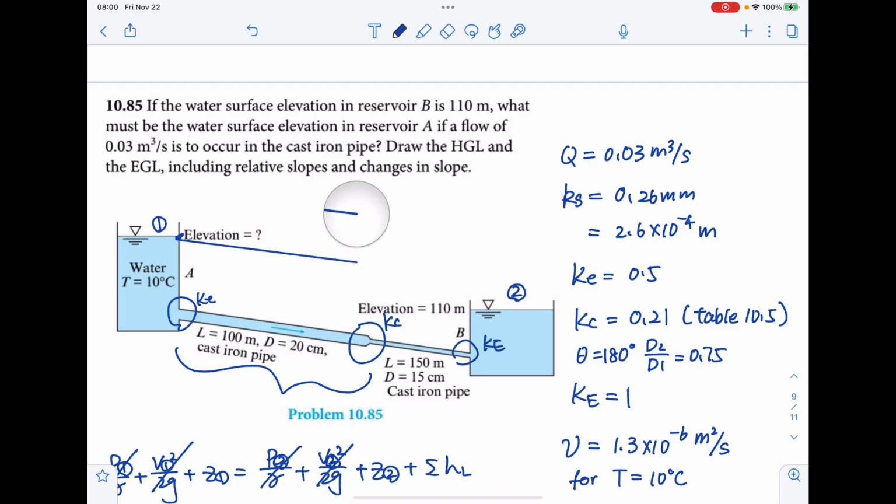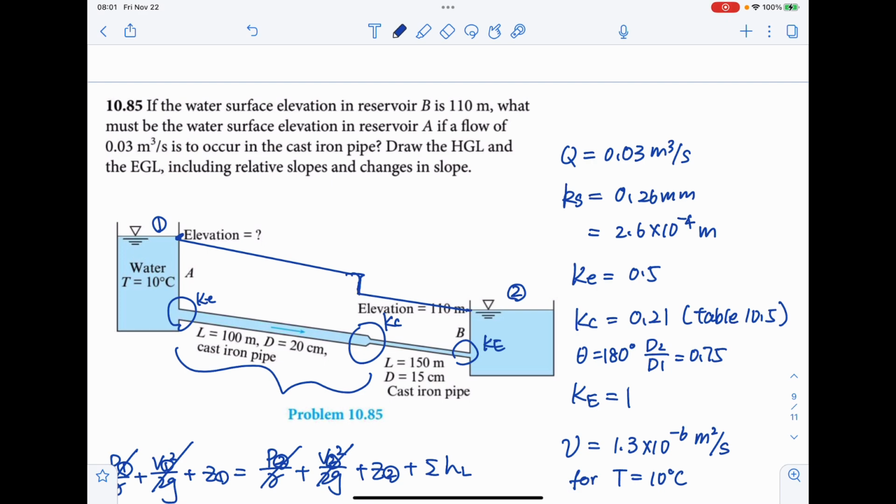Okay, and when it comes to the contraction, it will drop a little bit, then goes to the surface of the second reservoir.